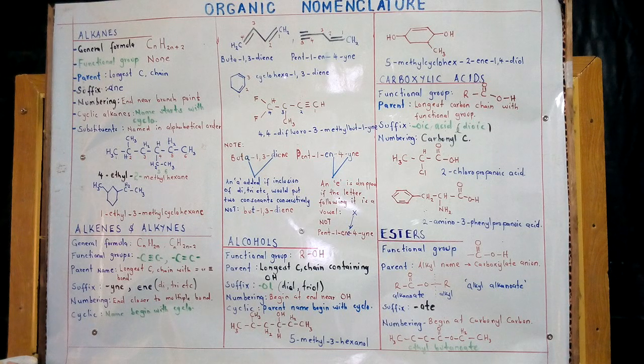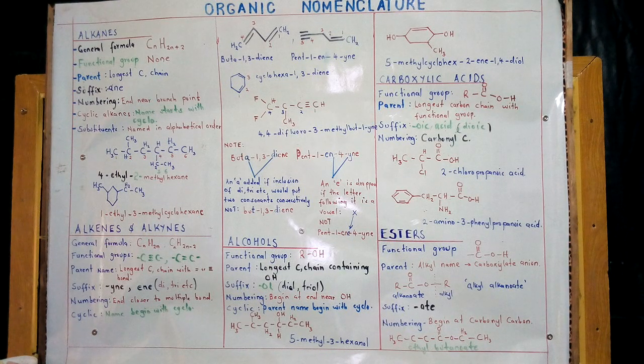To avoid a repetition of a consonant, we have hexa, just like the first case that we were talking about. So we have hexa-1,3-di, indicating the appearance twice of the double bond, diene. So the name of this compound is cyclohexa-1,3-diene.